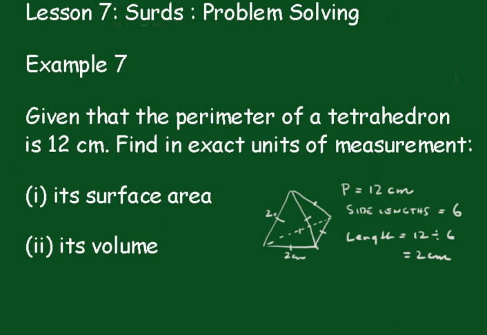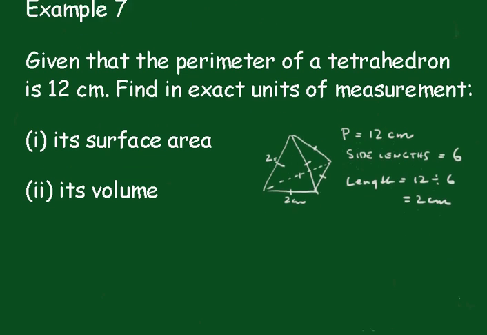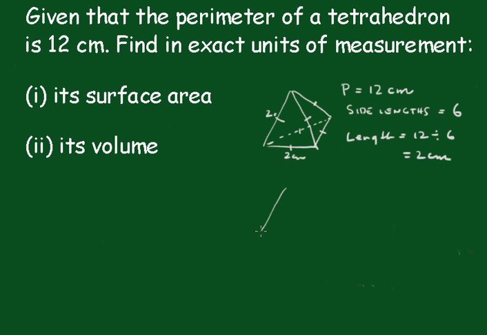Now, if we take one of these faces and we drop it perpendicular down here, that's 1. So simply this height squared will be equal to 2 squared, hypotenuse squared, minus 1 squared.